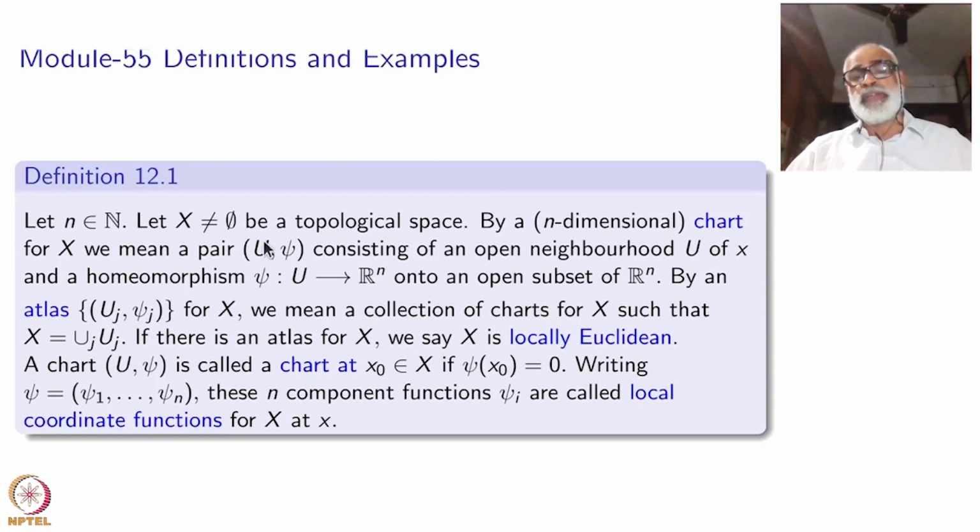U is an open subset of X, and psi maps U onto an open subset of Rn.